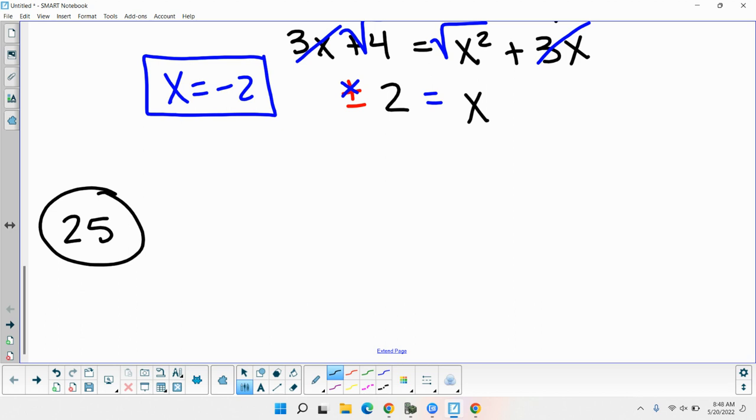Okay. 25 is a multiplication problem of 2. I think it's multiplication, isn't it? Or the division. Oh, it's 23. Did I mess up? Yeah, the numbers are screwed up. It goes 23, 24, 23, 24. How did that happen?